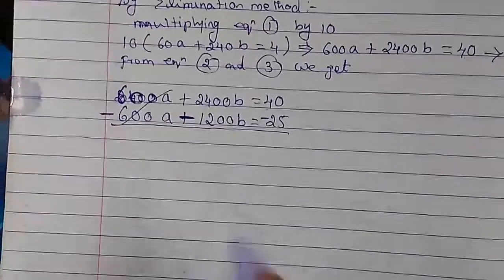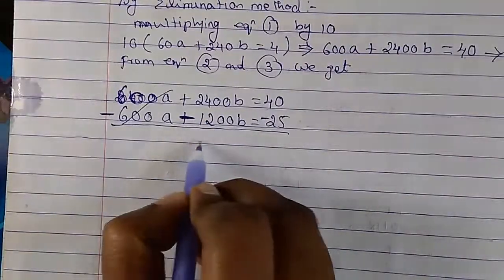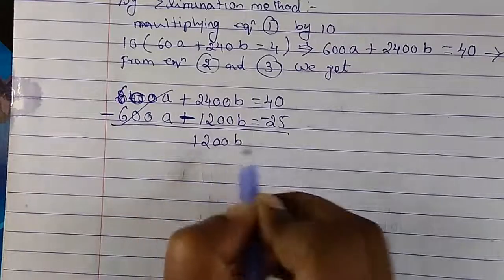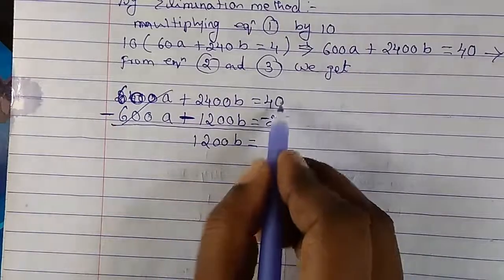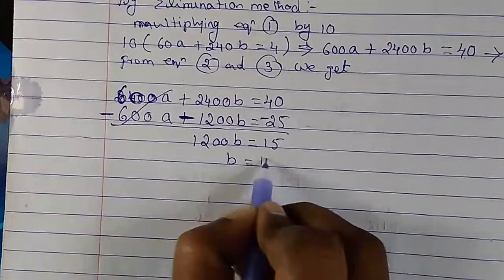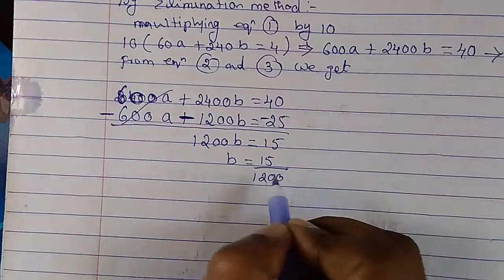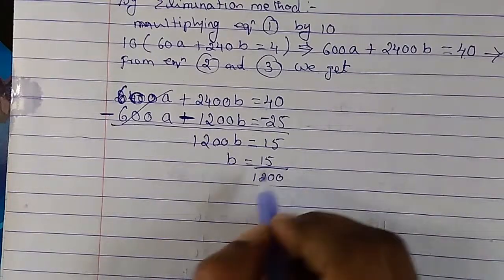So we will have here, this is minus. So when we subtract, we will have 1200b equal to this. We will get 15. So we will have b equal to 15 upon 1200.